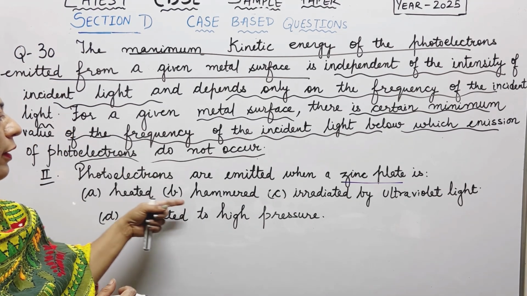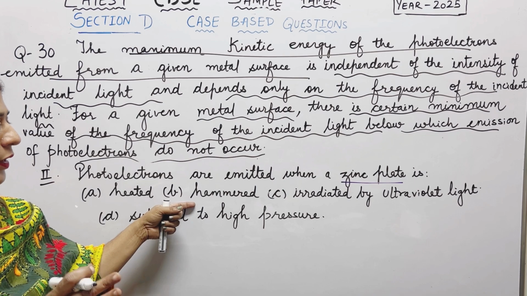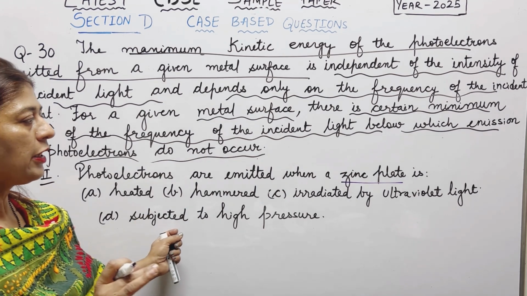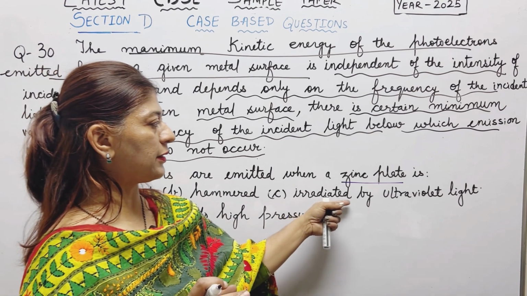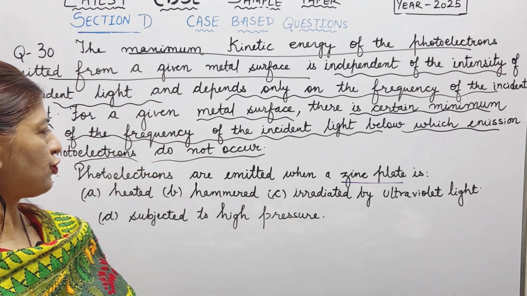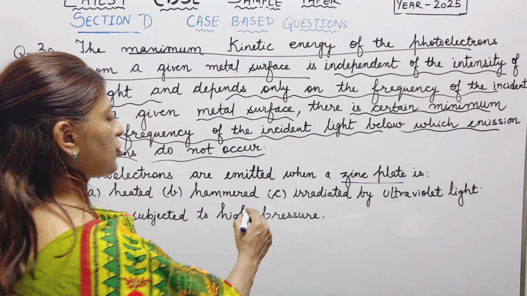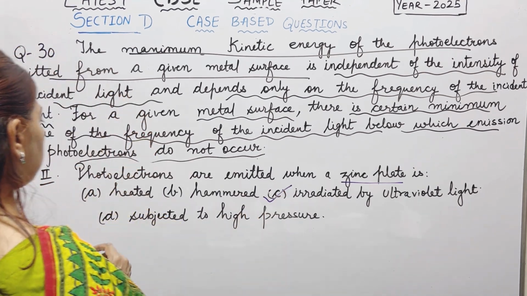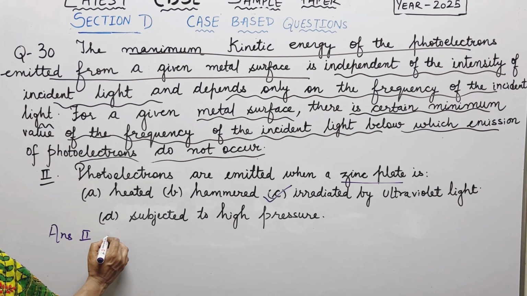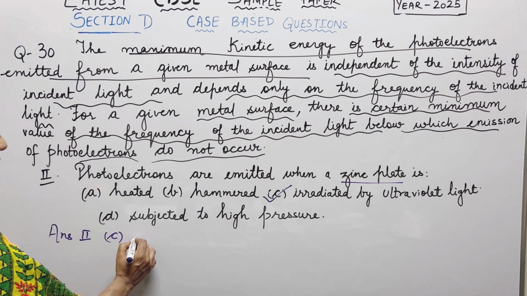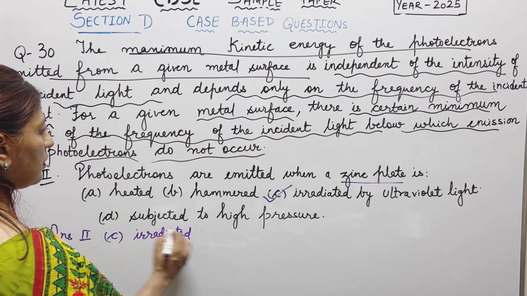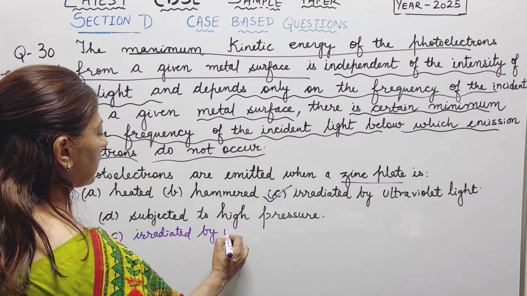So heated or hammered won't work here. Subjected to high pressure, again that is not required. It should be irradiated by the ultraviolet light that is suitable for the zinc plate to emit the photoelectrons. So option C is correct, and the answer for the second part is C, irradiated by ultraviolet light.